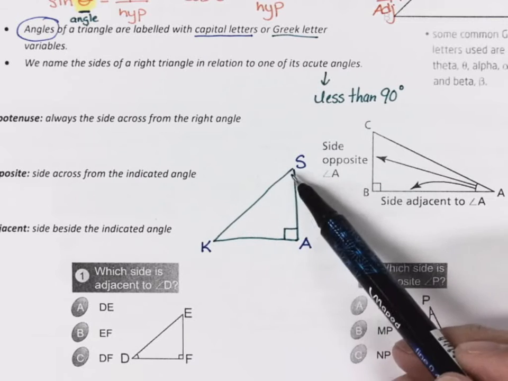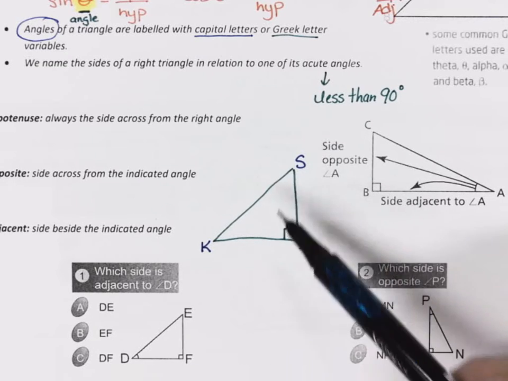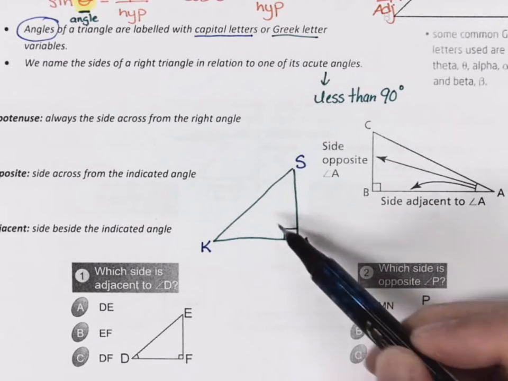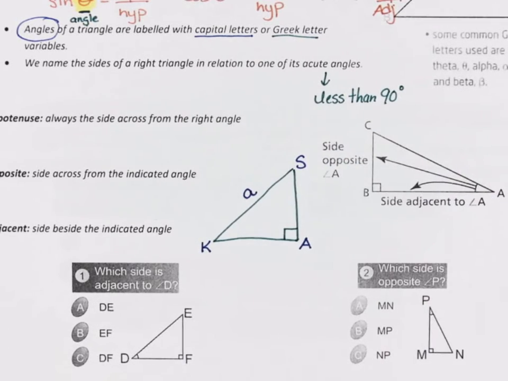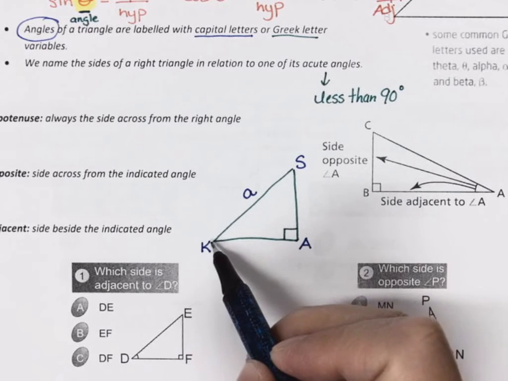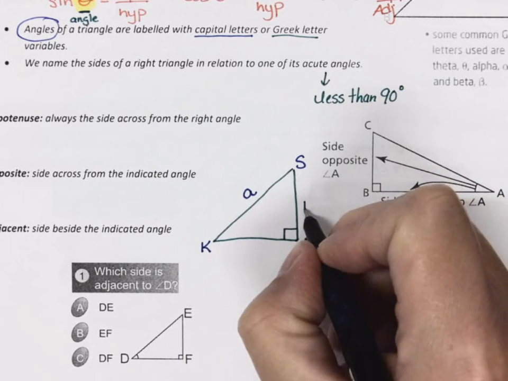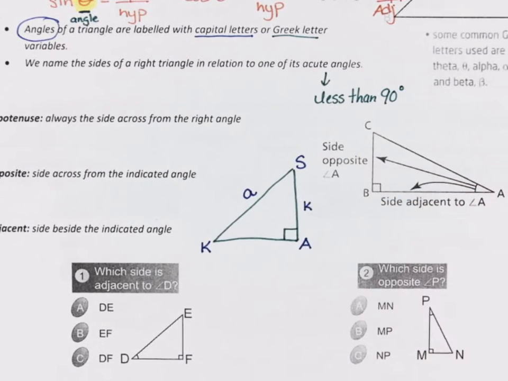From K to S, this would be the hypotenuse. But in a triangle, it would be side A, and we'd label that with a lowercase a. It's not adjacent, it just matches its vertex letter. And so side K would be there.